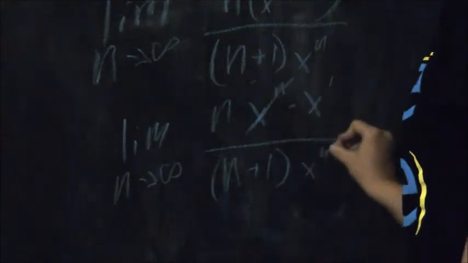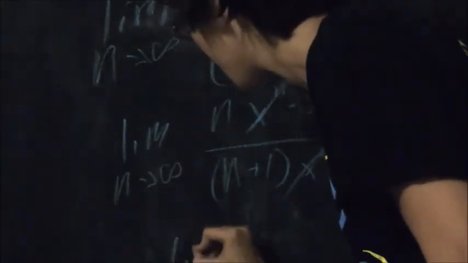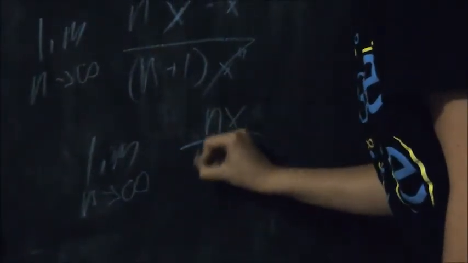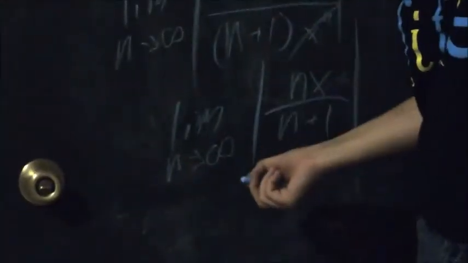Now we see that these cancel out, and we're left with the limit as n approaches infinity of n x over n plus 1. And don't forget those absolute values. Those are very important.